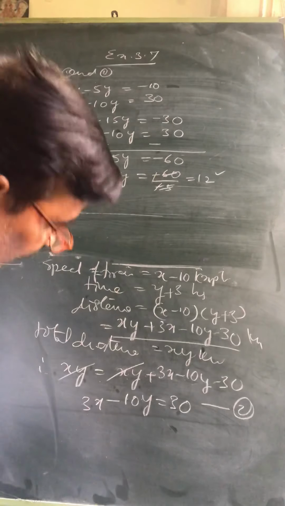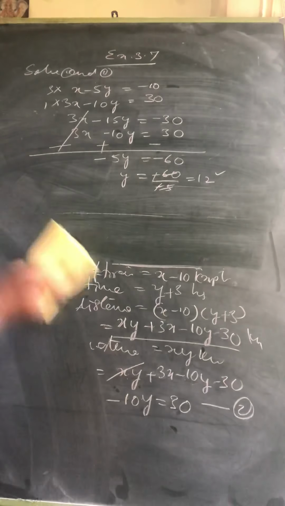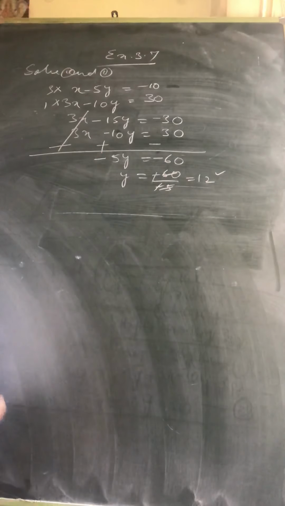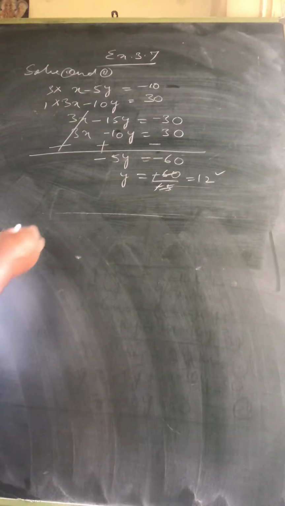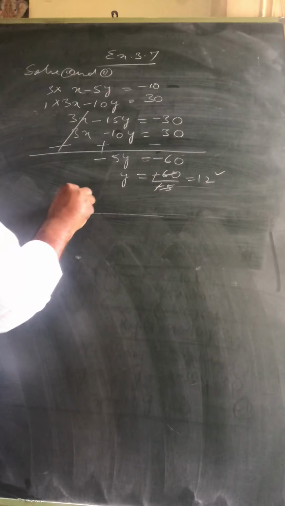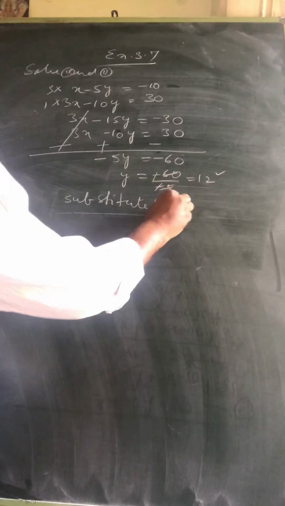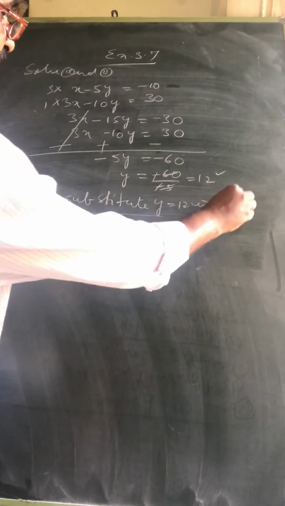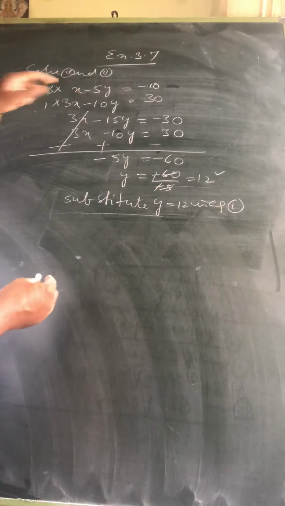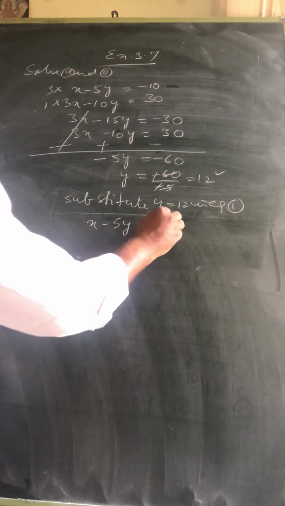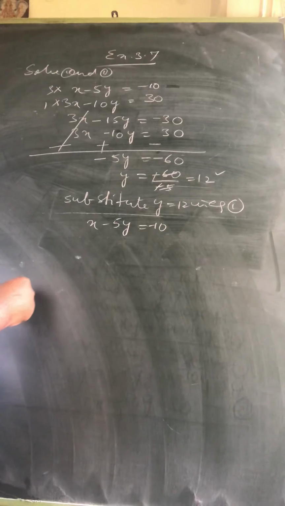In the same way, you have to find the other one. Then substitute y is equal to 12 in equation 1. What is our equation? x minus 5y is equal to minus 10.